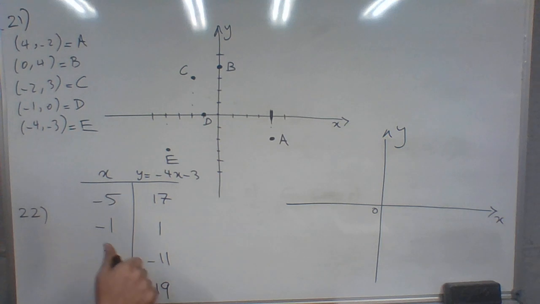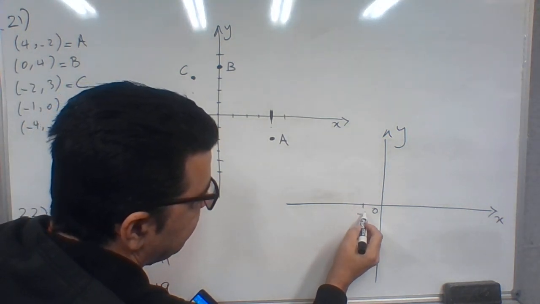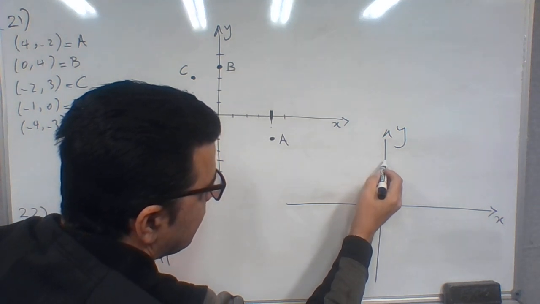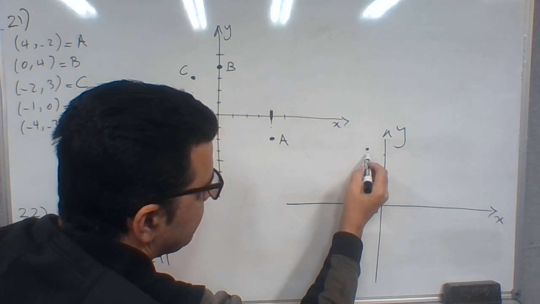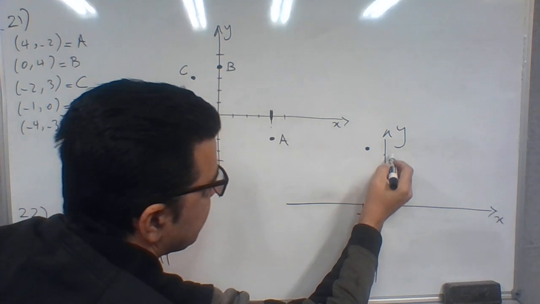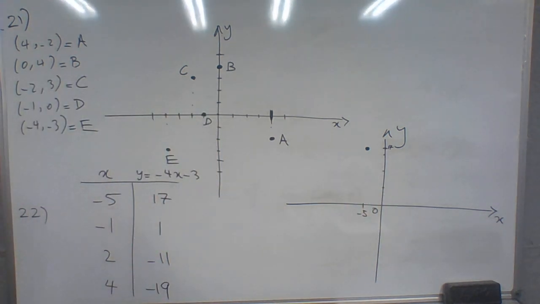So negative 5 and 17. So I assume that this is negative 5 and then 17. So this is 5, 10, 15, 17. So it is almost here. This is the first point. And then negative 1 and 1.